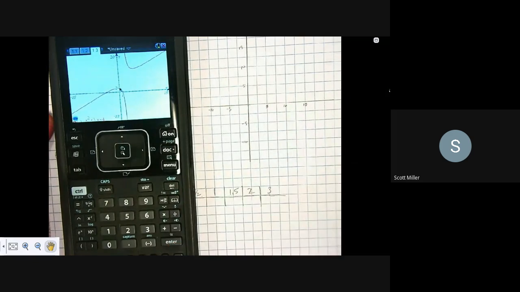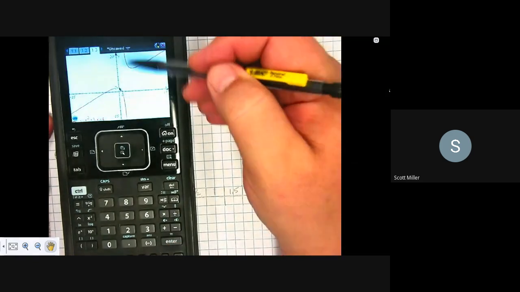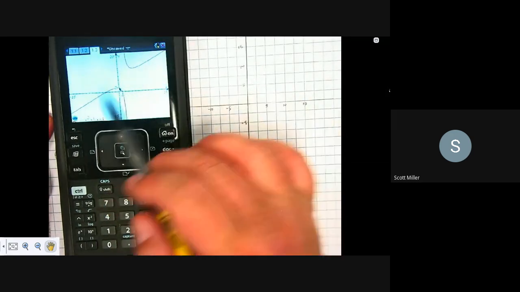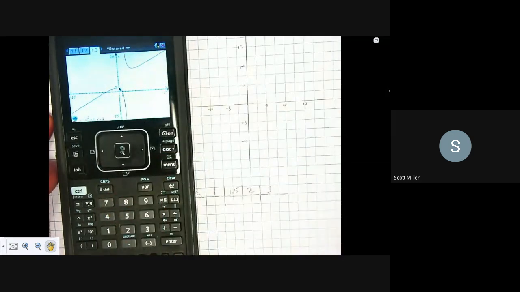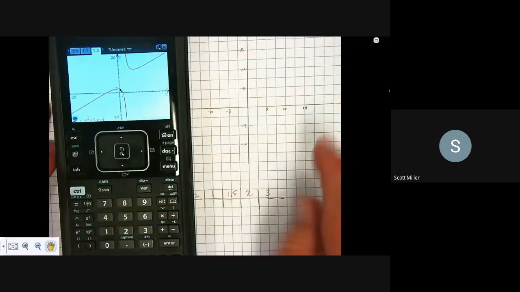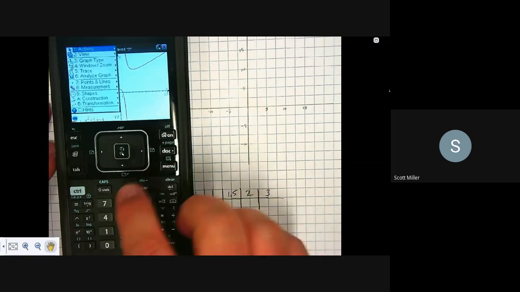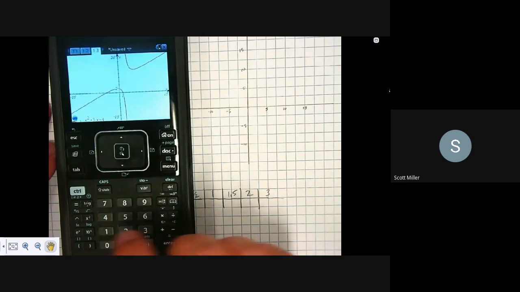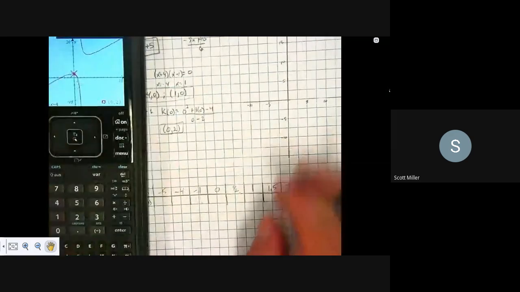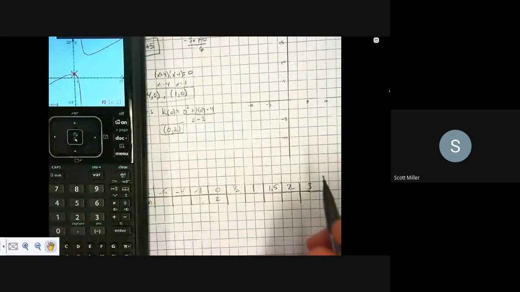If you notice, there's the vertical asymptote right there, and you can see the slant asymptote right there. We're going to put all this stuff in. We can use the trace feature to find some of these numbers. At 0, y is 2. We already know this. I'm just doing the trace feature here. We plug in these numbers over here.